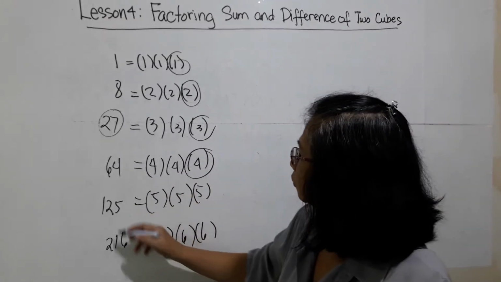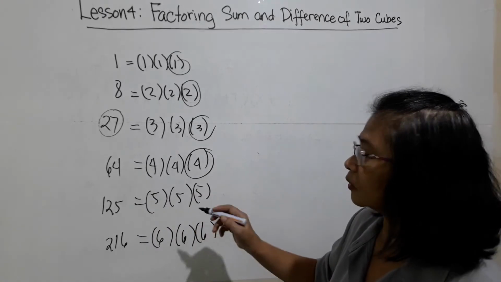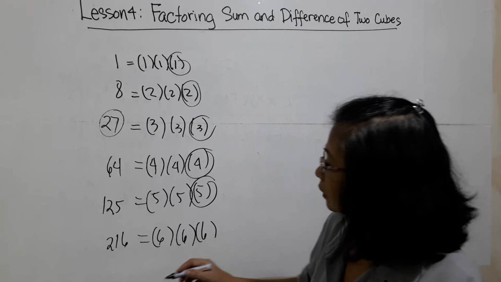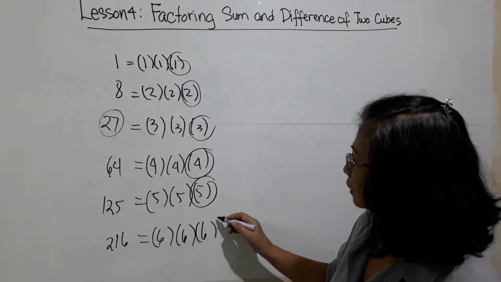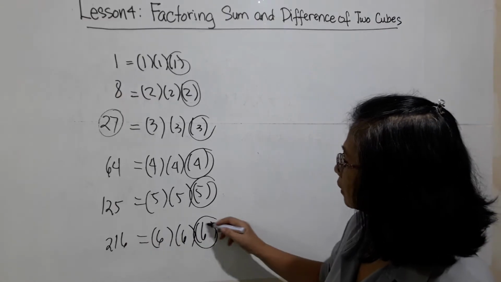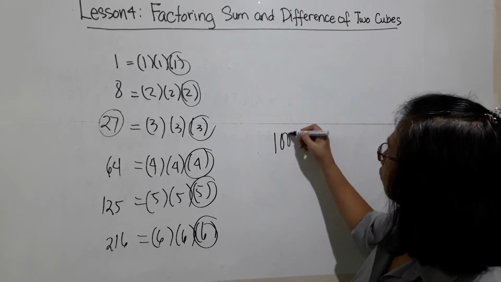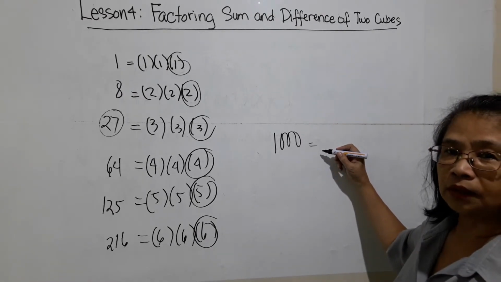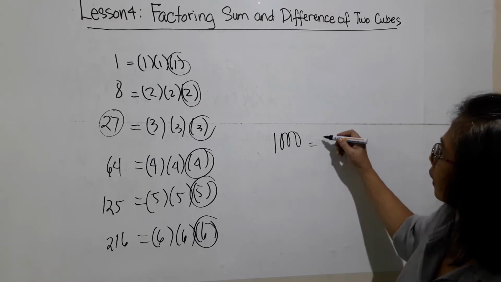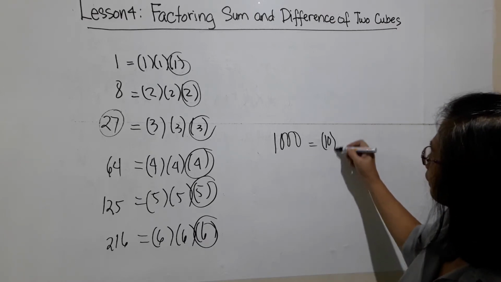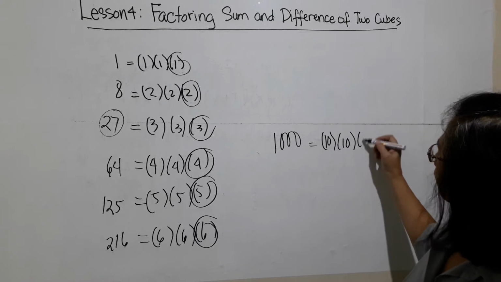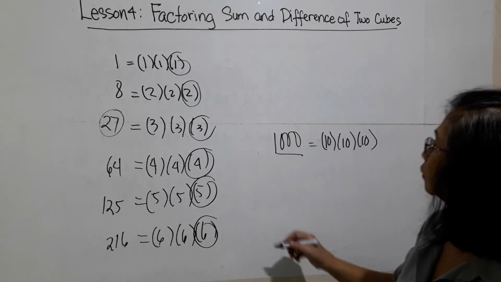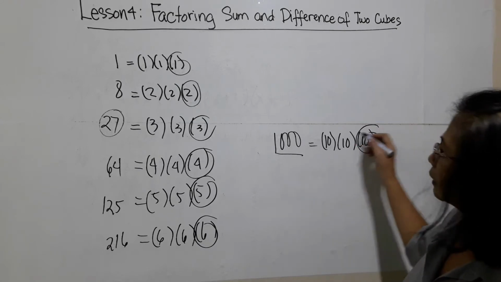What is the cube root of 125? Your answer is 5. What is the cube root of 216? It is 6. What is the cube root of 1000? Anybody? It is 10, because 10 times 10 times 10 will give you 1000. So the cube root of 1000 is 10.